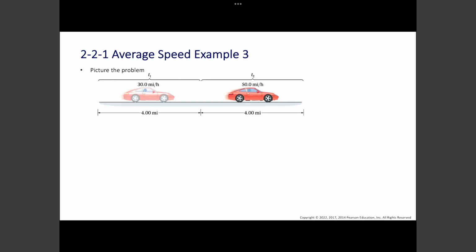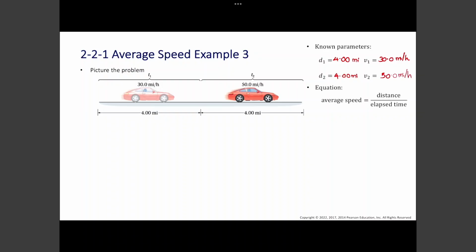So we are given the distance d1, which is 4.00 miles, with speed 30.0 miles per hour, and the second distance is again 4.00 miles with a speed of 50.0 miles per hour.